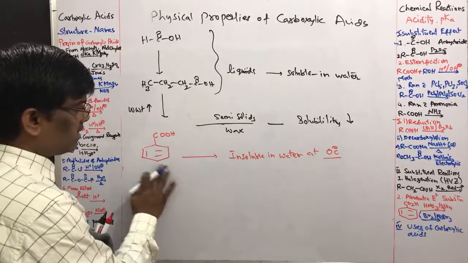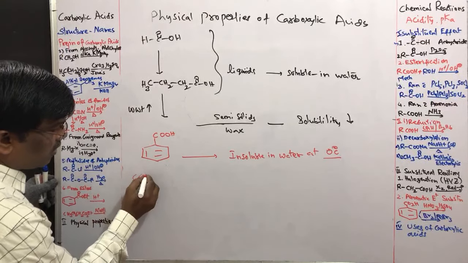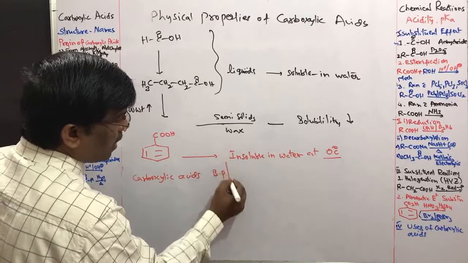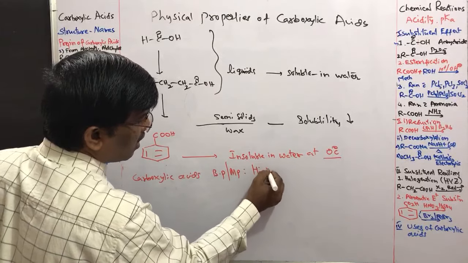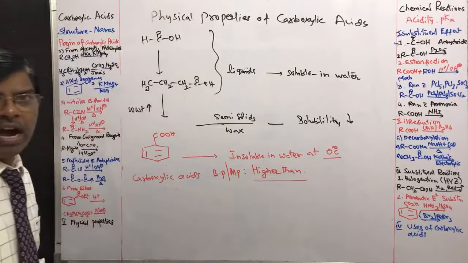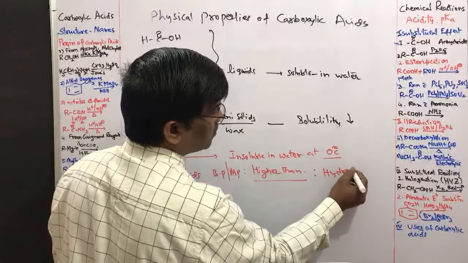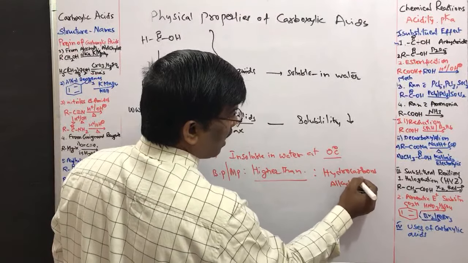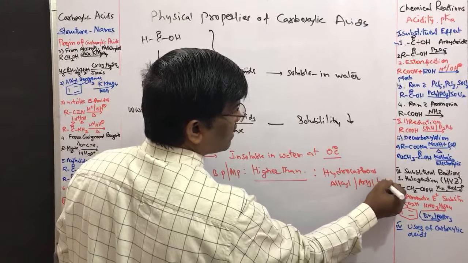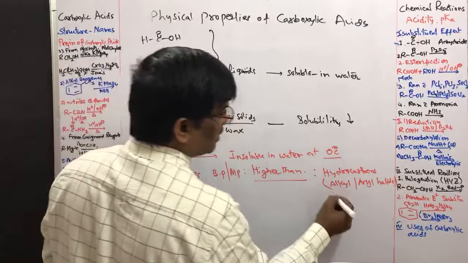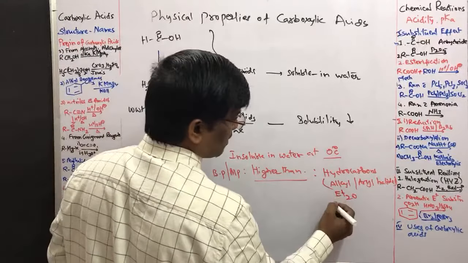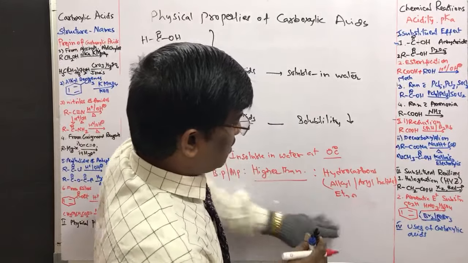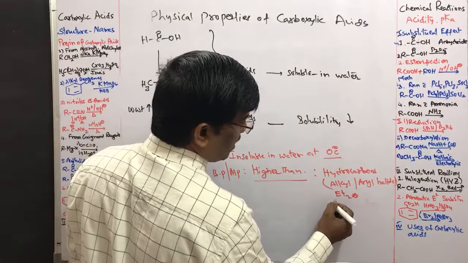And a very, very important thing, with respect to JEE and NEET students, is that carboxylic acids' boiling points or melting points are higher than what we learned till now: higher than hydrocarbons, alkyl or aryl halides, ethers, carbonyl compounds, and especially alcohols.